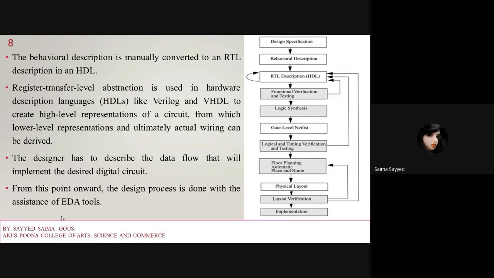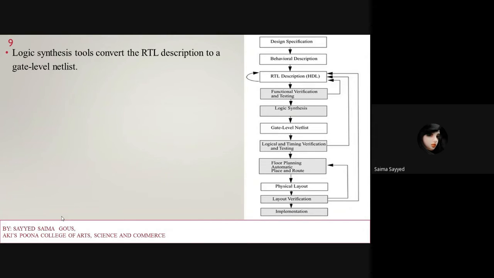From this point onwards, the design process is done with the assistance of EDA tools. We need EDA tools for the design process. After RTL, the block is functional verification and testing. When we convert the behavioral description into RTL, functional verification is done, and if it is okay, it goes to the next block.